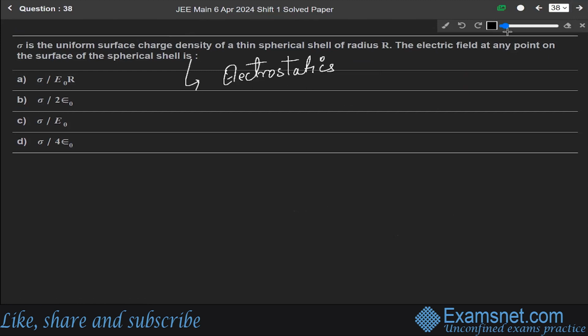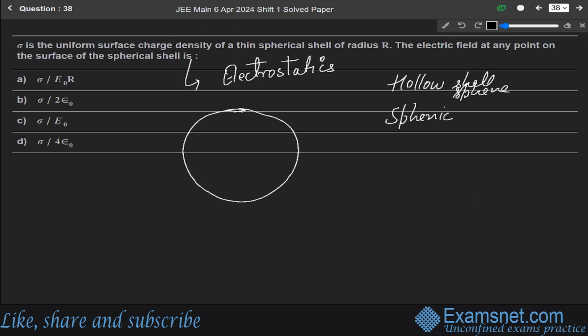Let us say this is a thin spherical shell, and always remember whenever we are asked about a hollow sphere, spherical shell, or a conductor, in these three cases the electric field inside it is always equal to zero. We are given sigma as the uniform charge density, and this spherical shell has a radius r.